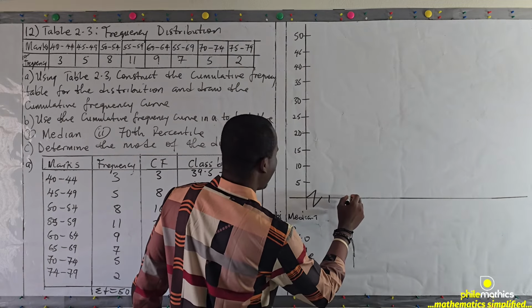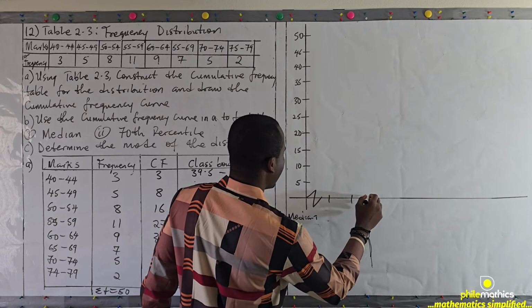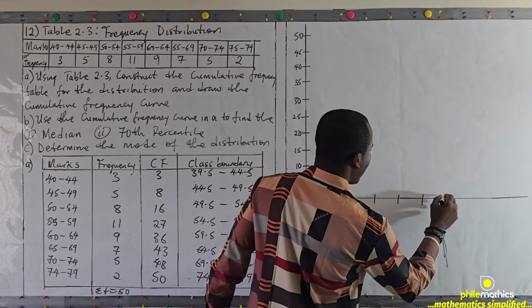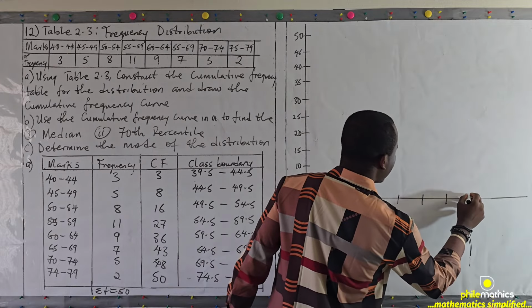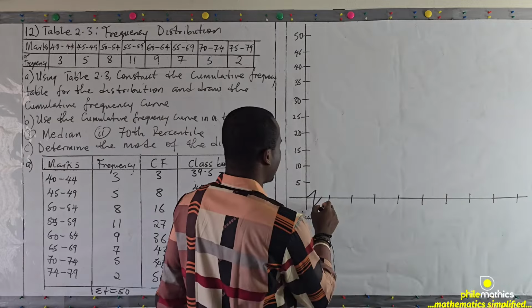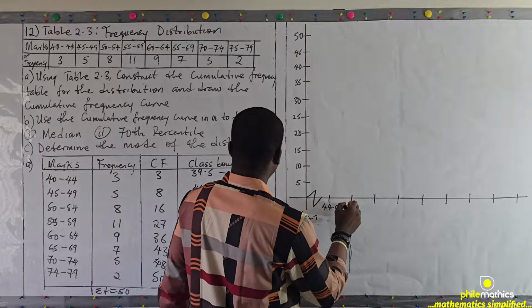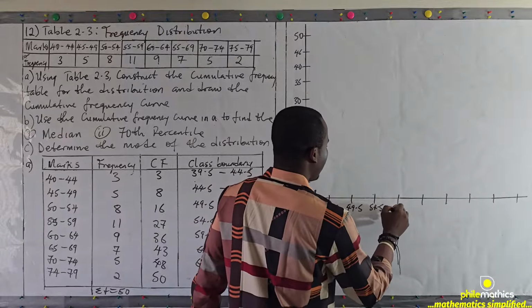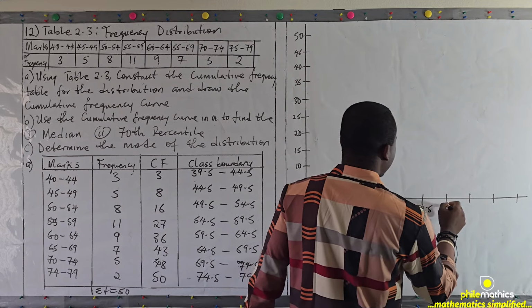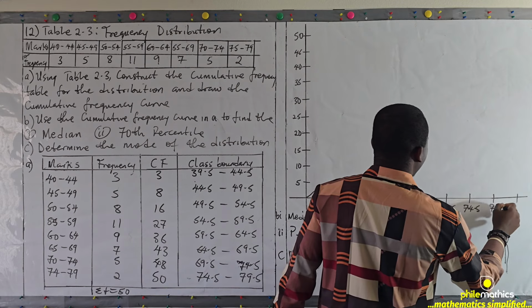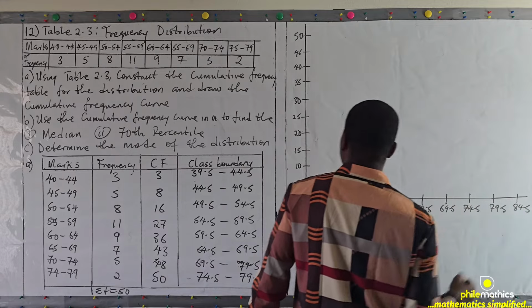45, 49, 54, 59, 64, 69, 74, 79, 84. So this is 44.5, 49.5, 54.5, 59.5, 64.5, 69.5, 74.5, 79.5, 84.5.